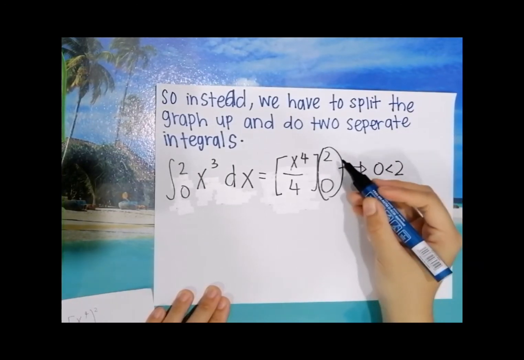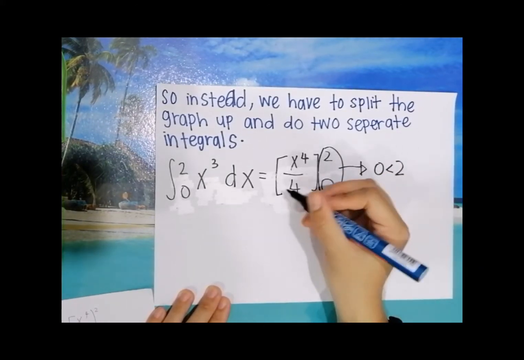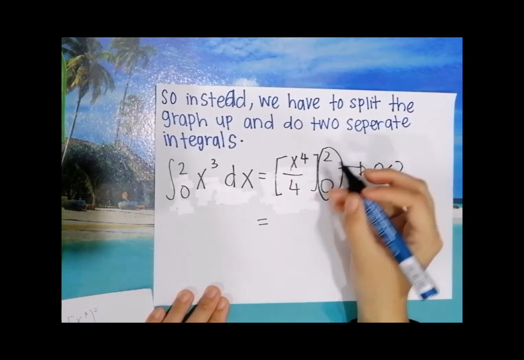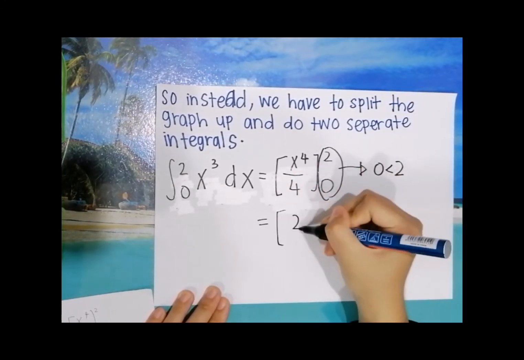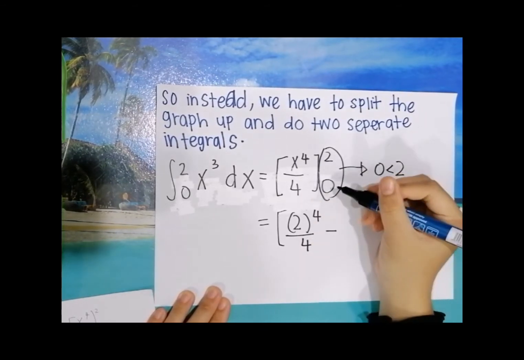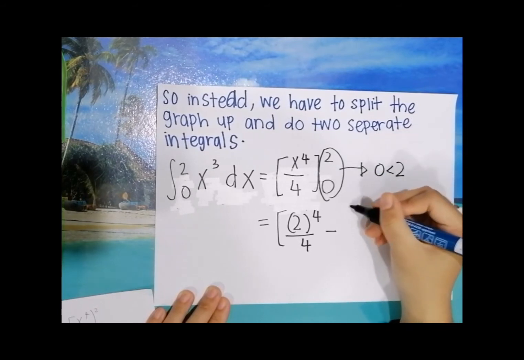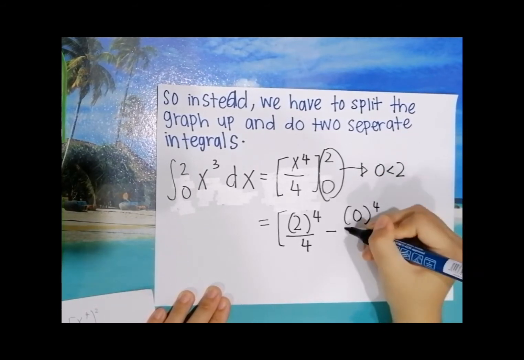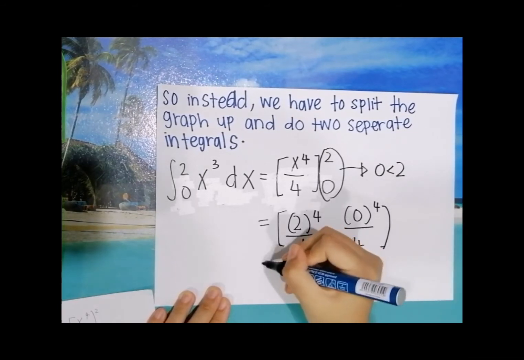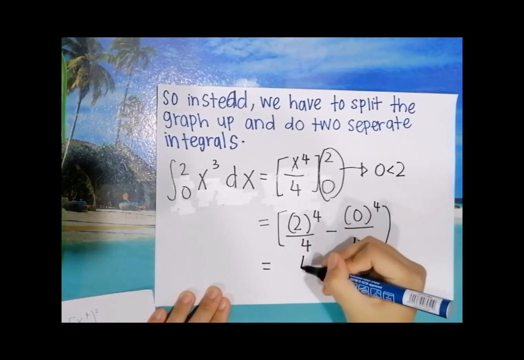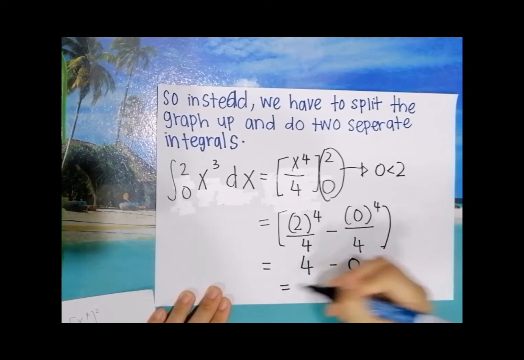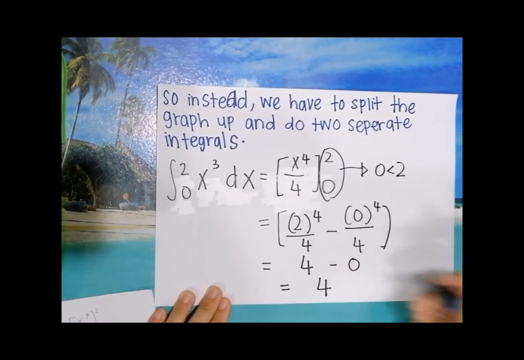That's why we put 2 up and 0 down. Then we put 2 into x, which is 2 to the power of 4 divided by 4, minus 0 to the power of 4 divided by 4. Then we simplify, we get 4, and then 0. 4 minus 0, we will get 4.